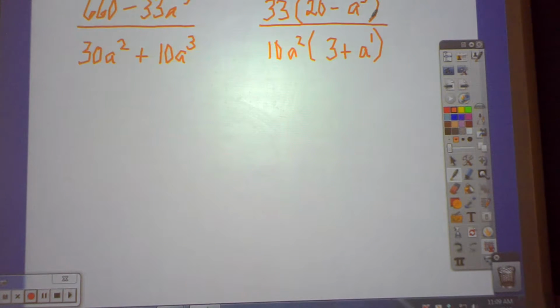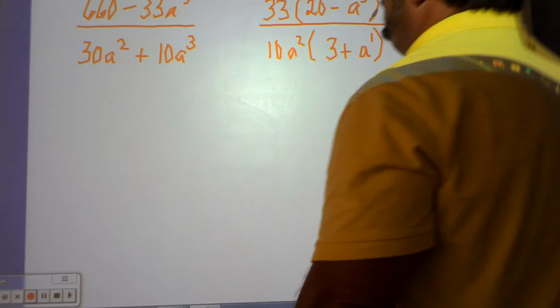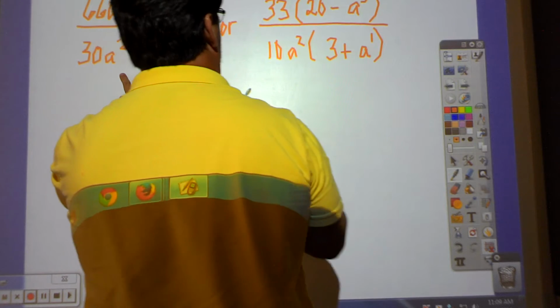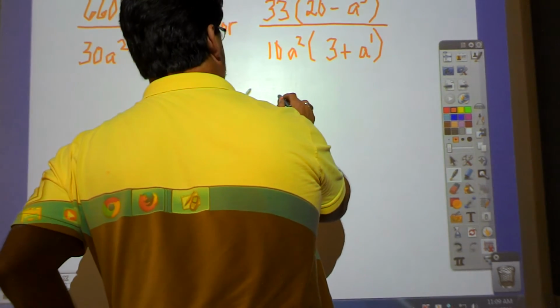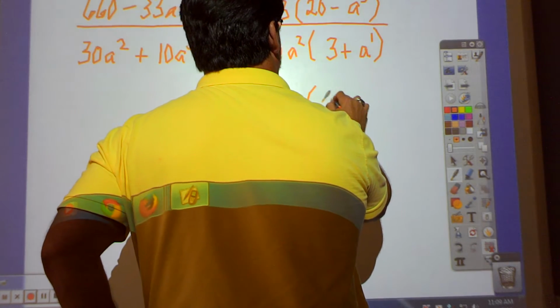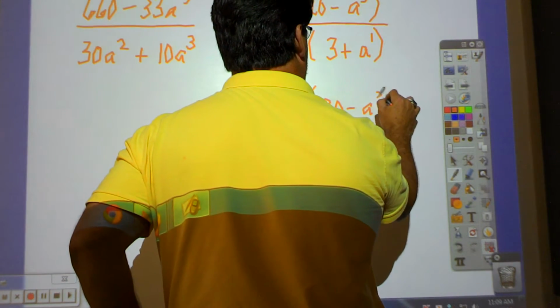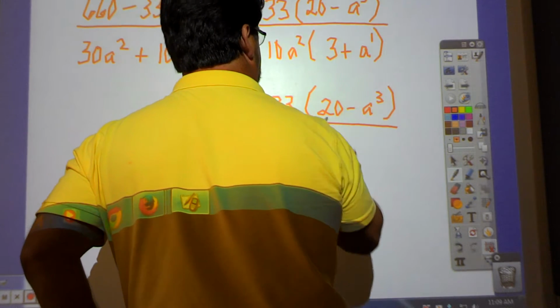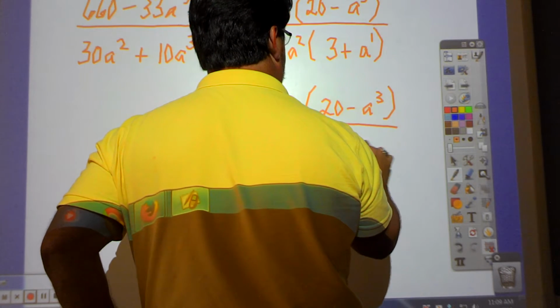Well, that doesn't do us any good because you can't cancel anything, but let me rewrite it a little better: 33 times 20 minus a cubed over 10a squared times a plus 3.